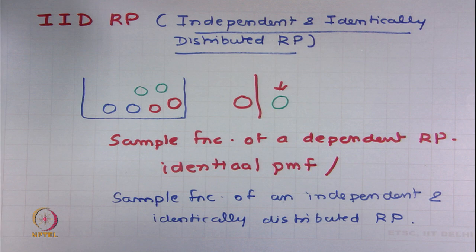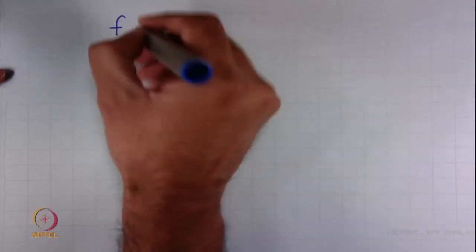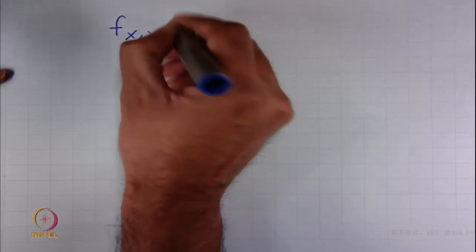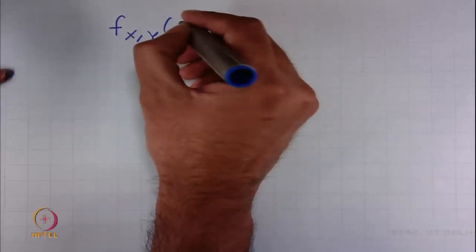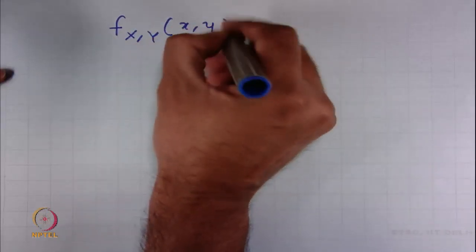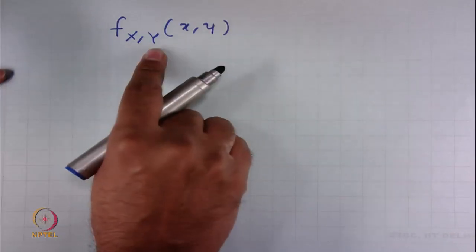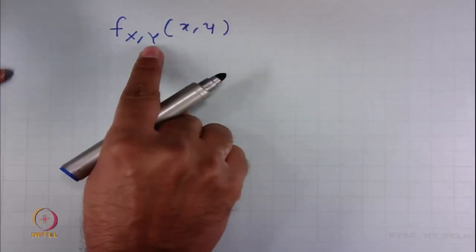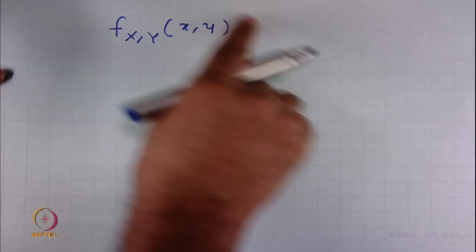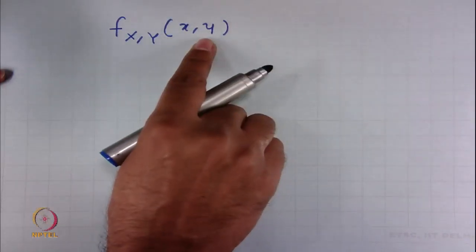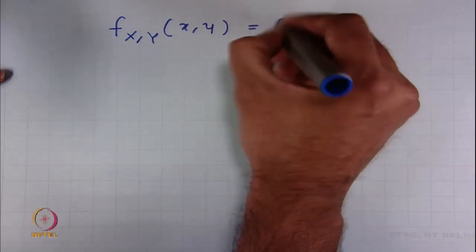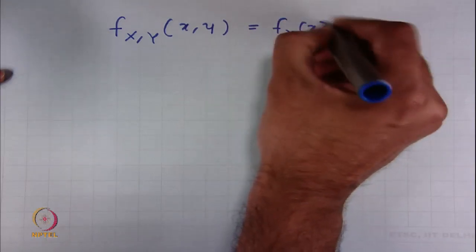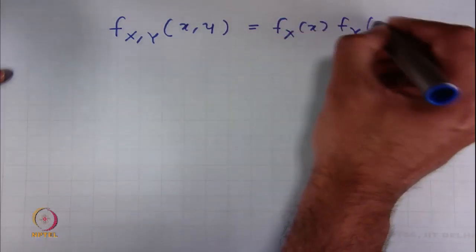So, let me now revise. When we talked about two random variables, and these two random variables were statistically independent, what I said was that the joint probability density function of these two random variables can be written as just a product of their marginal probability density functions.